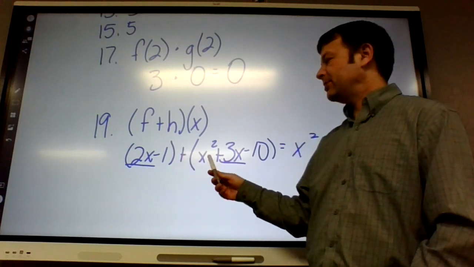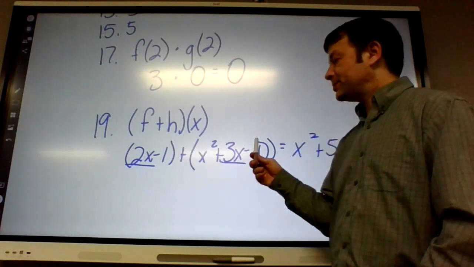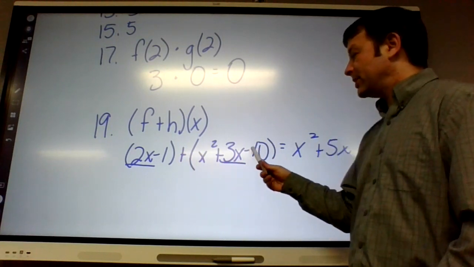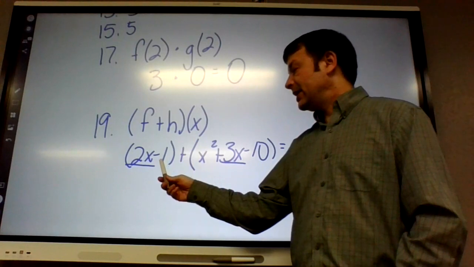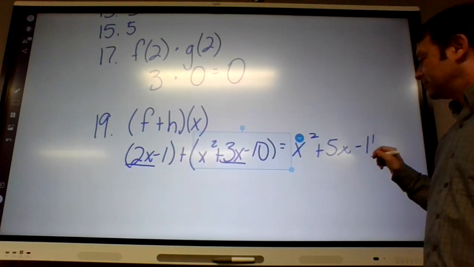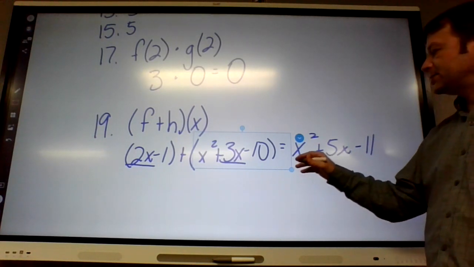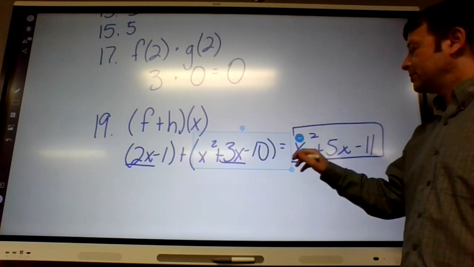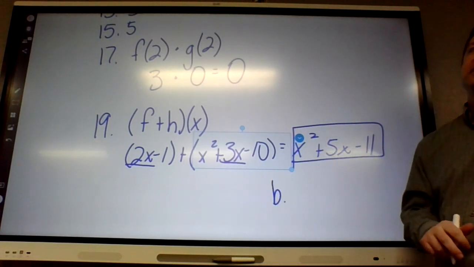No. So I don't really have to, but if there was a minus right here, that would matter because you have to subtract all of them. But if you're adding them all, adding a negative 10 is just minusing 10. So negative 1 minus 10, negative 11. Okay, this is the answer to the A part.